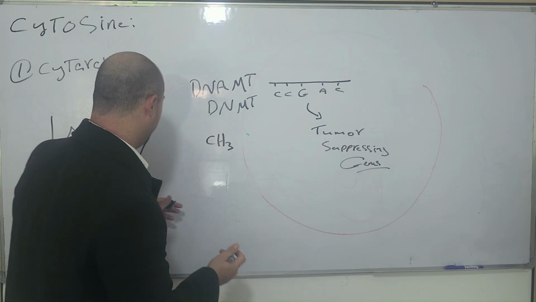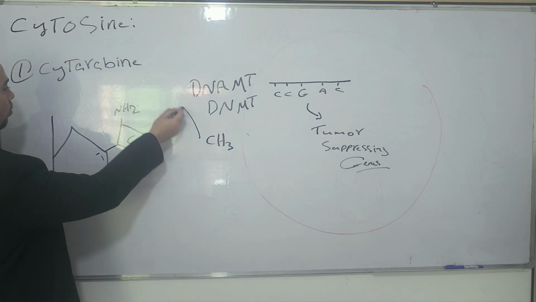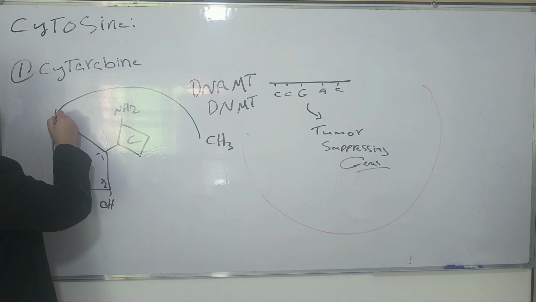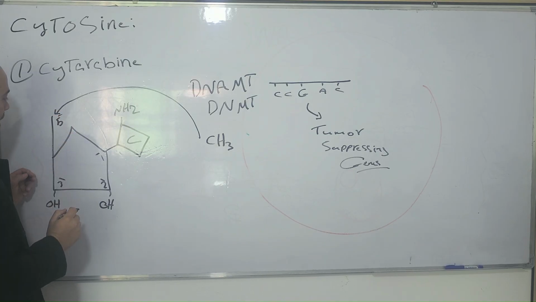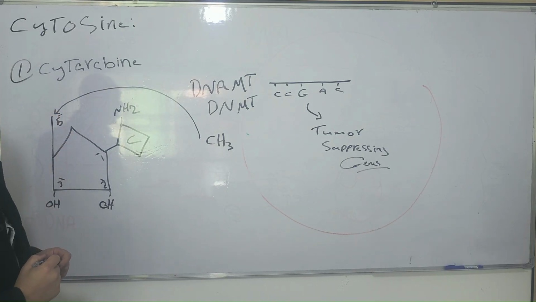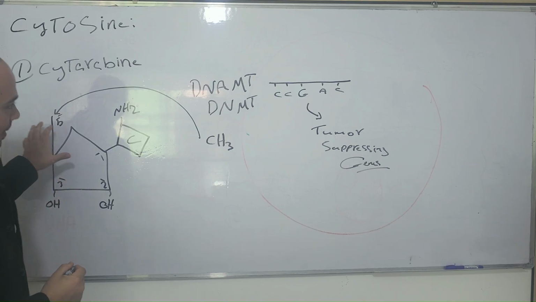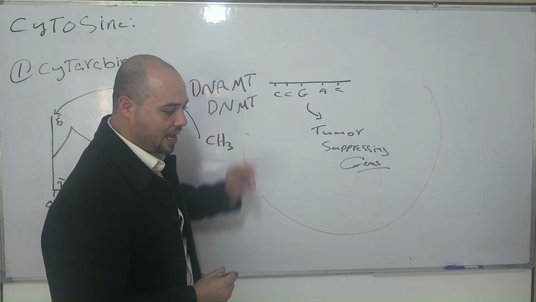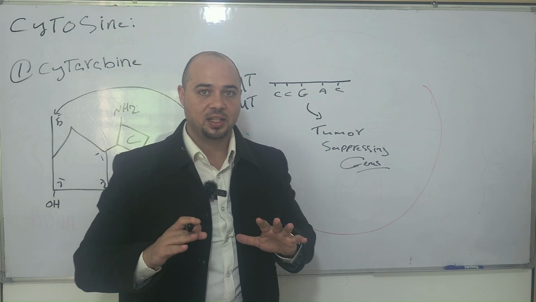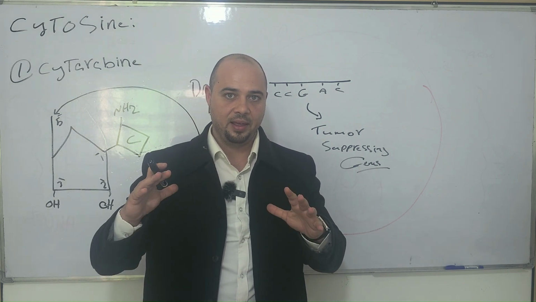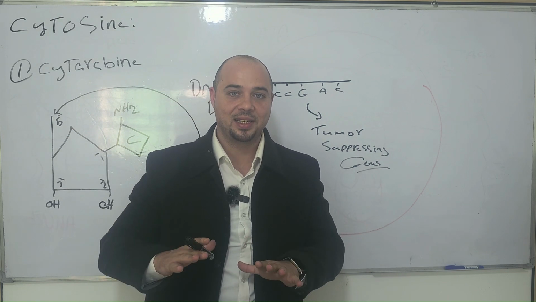Where does it transfer the methyl group? It takes the methyl group and puts it on the 5 carbon end, or the 5 prime of the cytidine, right?